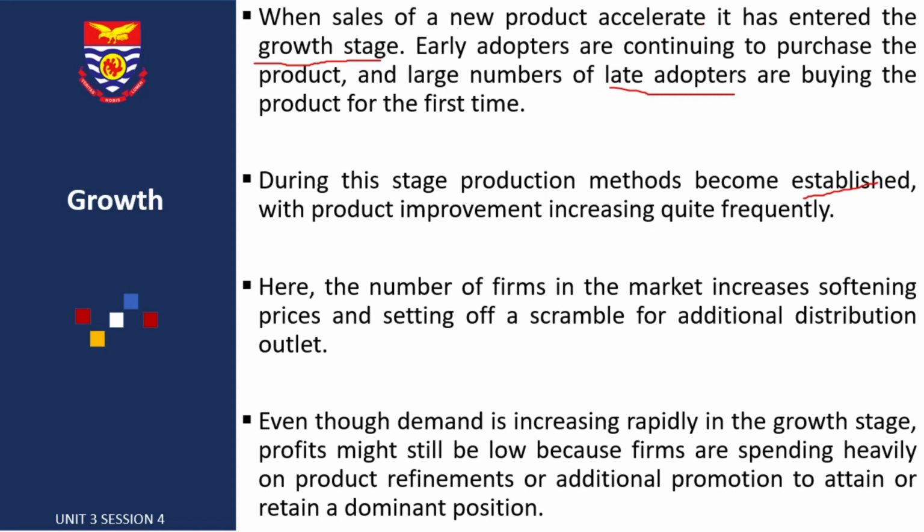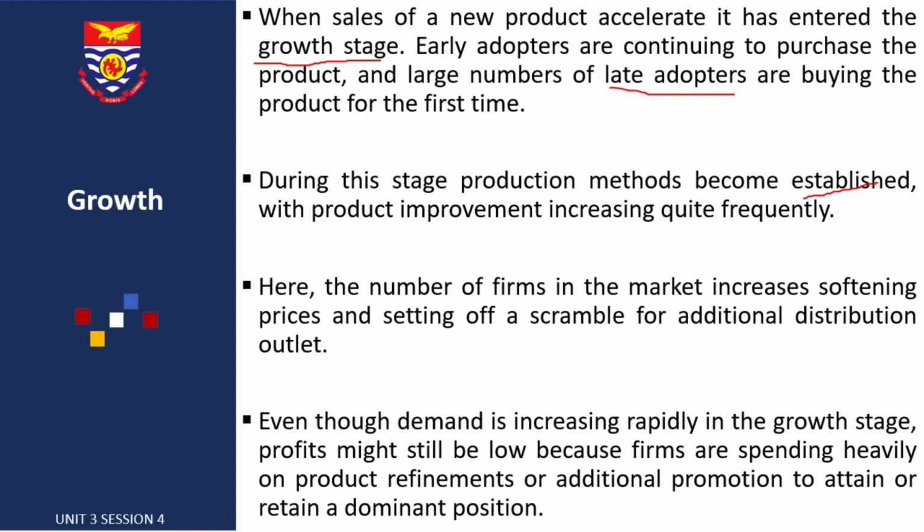Because the number of markets increases, you get a lot of buyers setting in, and because it has moved from the introduction stage, the marketer would not incur a huge amount of cost during production, and because of that, prices are mostly softened.